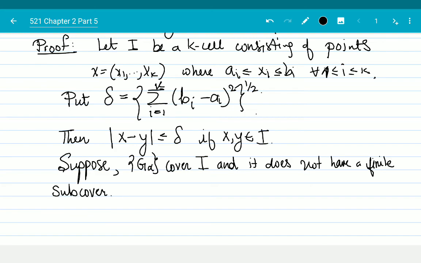Okay, well, put ci equal to (ai plus bi) over 2.